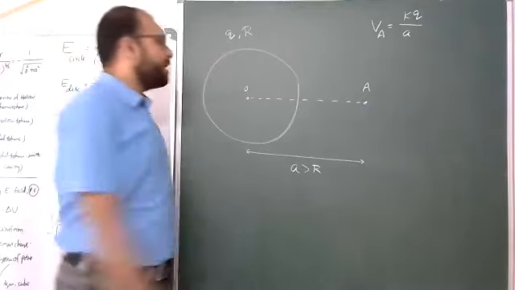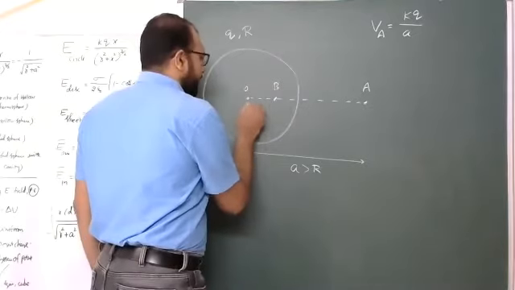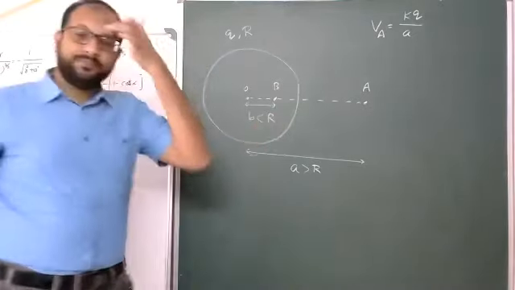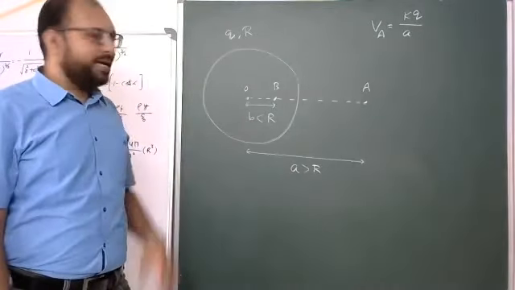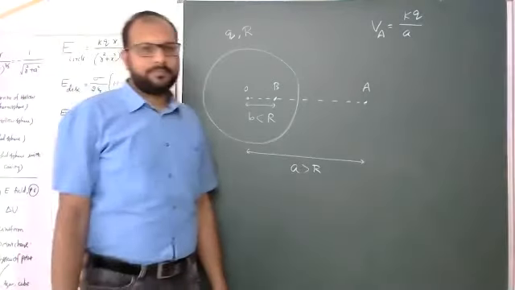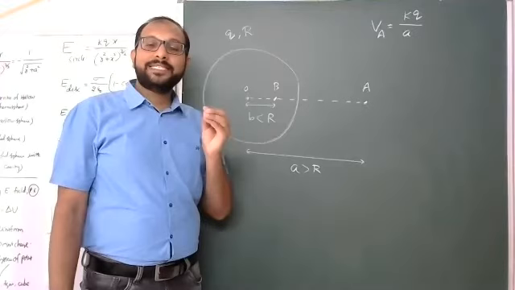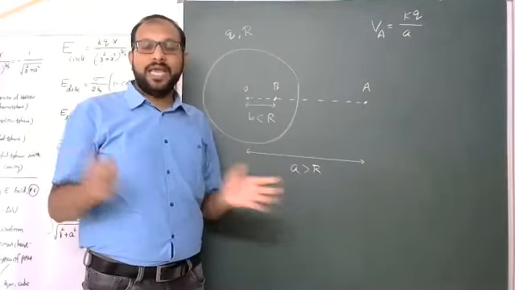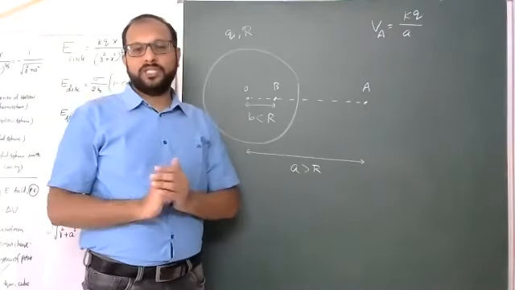Now students, I am taking another point B. This distance is small b, but it is less than the radius. Here is one important point. The electric field outside the sphere, KQ by R square, is nothing but the electric field due to a point charge.